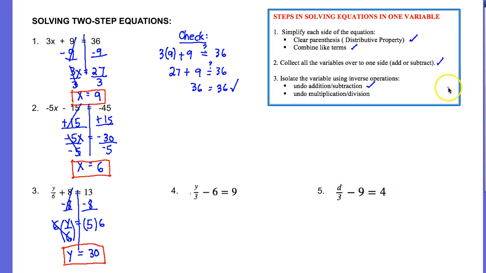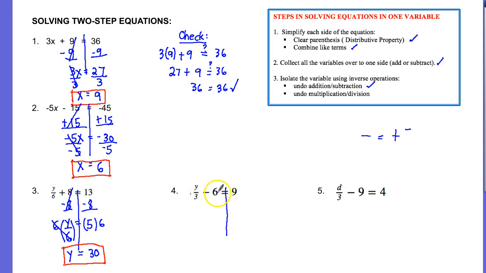Okay, the next one. Again, your variable is on the left side. You have to get rid of 3. You have to get rid of negative 6. Remember, minus, that's the same as plus negative. So the sign of 6 is actually negative. So you want to get rid of that. How will this cancel out?